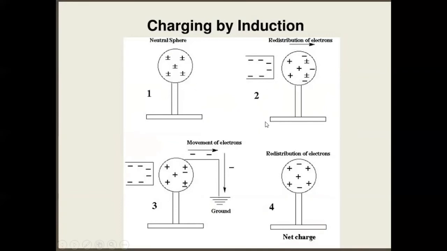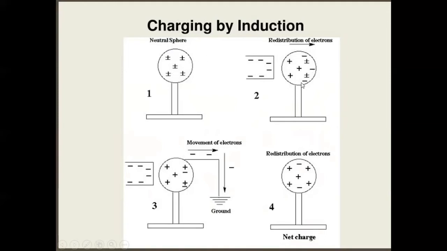In the second diagram, we are bringing a negatively charged object over here. Now, the negatively charged object will attract the positive charges, but it will repel the negative charges that are present inside the sphere, which causes the negative charges from this side to move to this side.